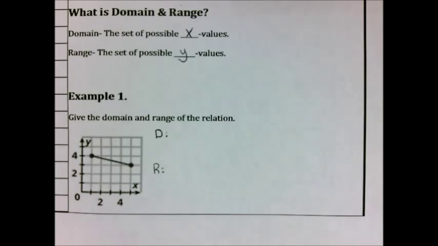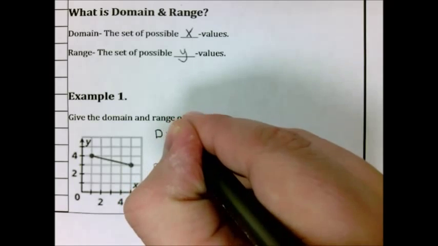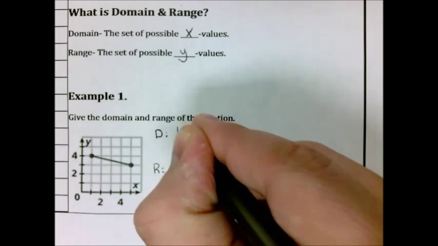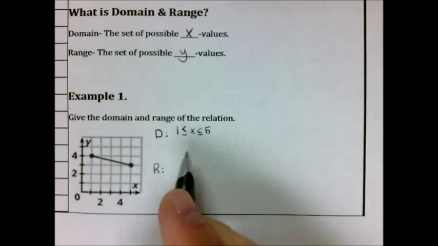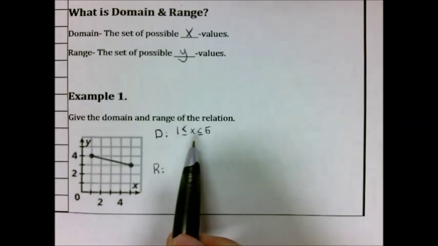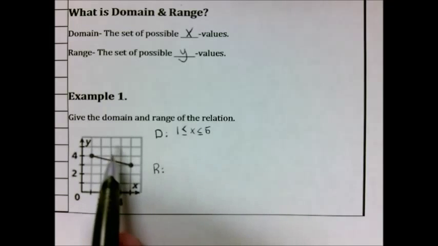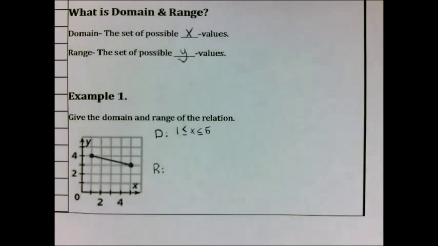Okay, so if I'm talking about our domain, then what I'm saying is that x could be anywhere from 1. We have to say 1 is less than or equal to x, which is less than or equal to 5. This relationship right here gives the possible values for x. It could be anywhere bigger than 1 but less than 5. So it could be 2, 3, 4, or 2.5, or 2.75, or any number in between 1 and 5, right?